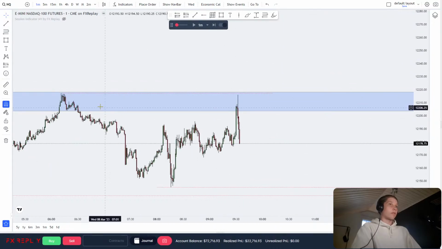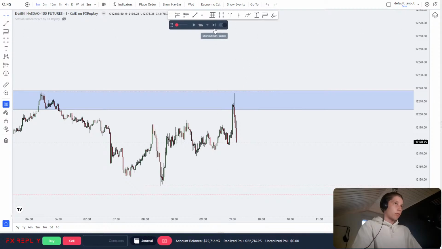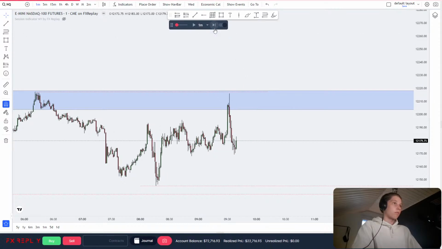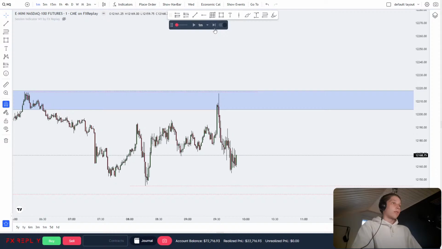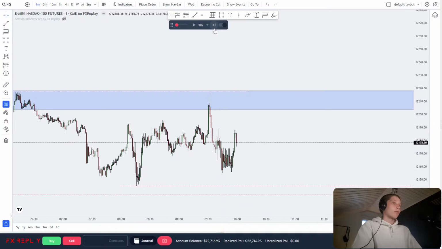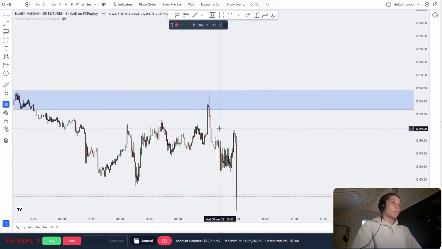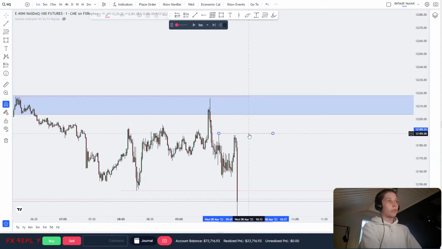Okay, it doesn't take out this high. It is respecting this gap as of now. It's not giving us entry right now. Okay, please sweep that high. No. So if it had swept that high and the fair value gap inversed there, we would have shorted.